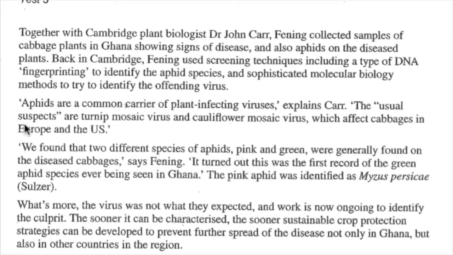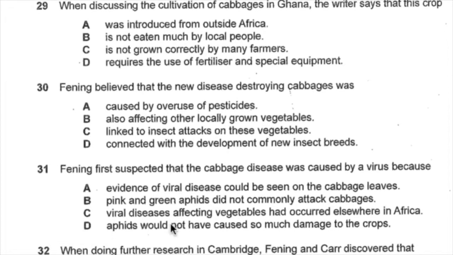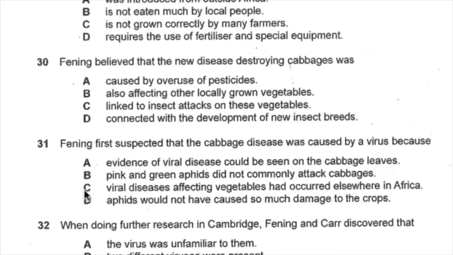The usual suspects are turnip mosaic virus and cauliflower mosaic virus, which affect cabbages. It was definitely not elsewhere. So C is definitely not the answer. A is definitely not the answer. B is also not the answer because they did not commonly attack cabbages, and we are thus left with option D. So for 31 it should be D, right?